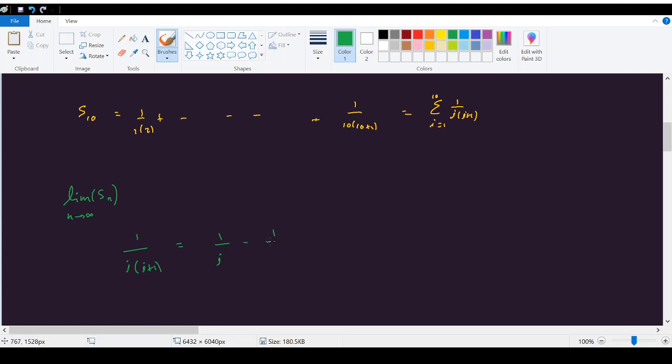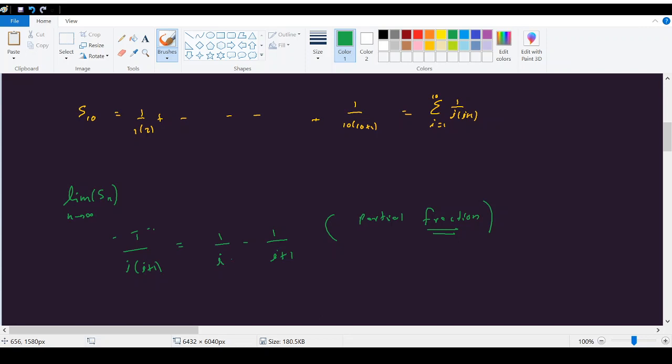Now this is actually the partial fractions, not the partial sum, this is partial fraction. We have used the technique of partial fractions to decompose this left hand side.